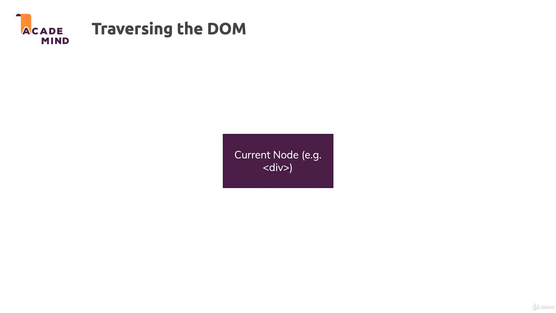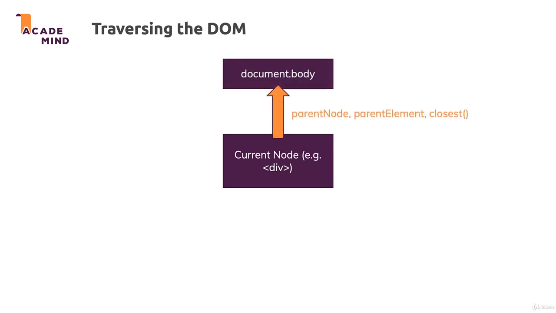You can always go up, so find a parent element or node with parentNode or parentElement, so with these specific properties which every DOM object will have, so every element object which you can select, no matter if it's a div or a paragraph or whatever, it will have this parentNode and parentElement property. The difference being that parentNode selects any parent node, whereas parentElement only selects a parent node that also is an element, so only parent HTML elements.